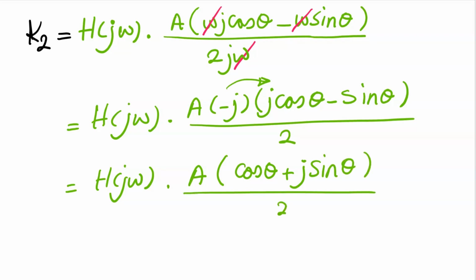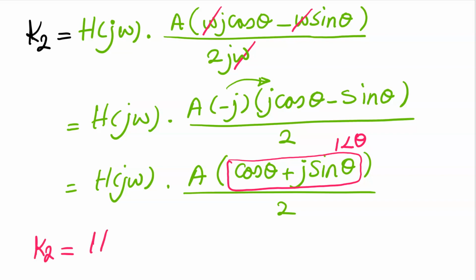Now something interesting here is that this cosine of theta plus j sine of theta is equal to 1 with an angle of theta. So what I can write at the end as K2 is equal to h at j omega multiplied by a with an angle of theta divided by 2.